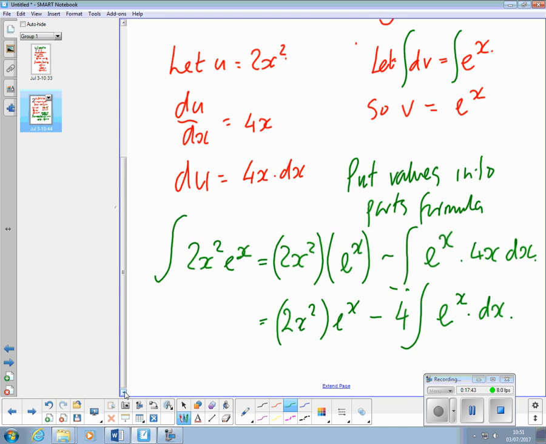Now, at the moment, we still can't solve this. There's not a version of that in the table. So we've got to apply parts to this again.